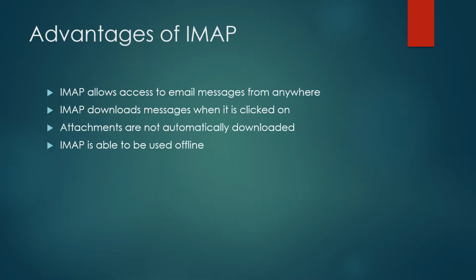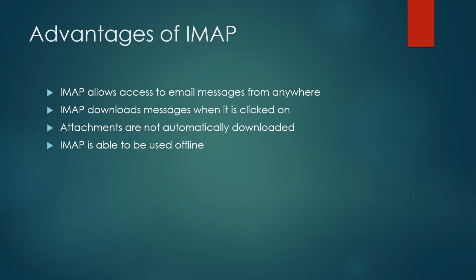Some advantages of IMAP. There are several advantages to using IMAP. It allows you to access your email messages from anywhere. You can use it on as many different devices as you want. It only downloads a message when you click on it, so you do not have to wait for all your new messages to download from the server before you read them.